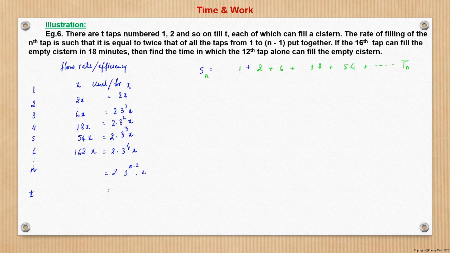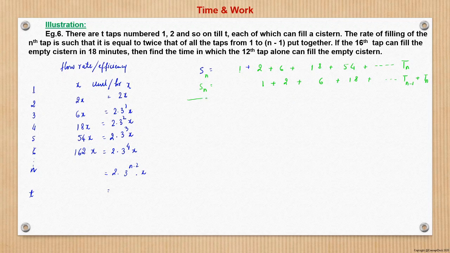So the sum of n terms is this. This we can also write as, shifting 1 to the right side, 1 plus 2 plus 6 plus 18, and so on. Here just below will come the n minus 1 term plus the tn term.